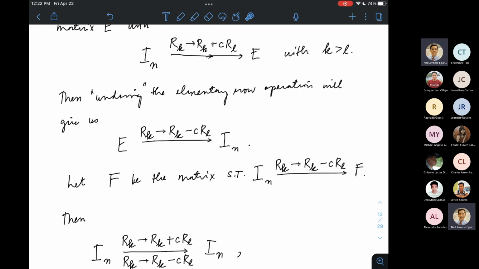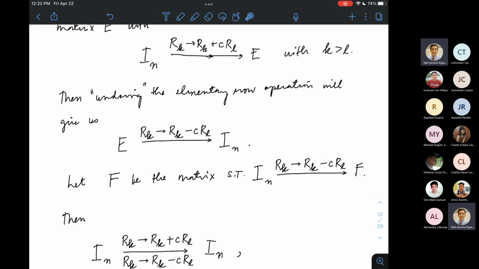And I can do that by simply reversing the action that we did in the previous step, wherein we transform the identity matrix to E. So pag nagsimula ako kay E, tapos pinalitan ko yung kth row ni E by its kth row minus C times the lth row, then we will get back the identity matrix. So basically, etong row operation na to ay ang inverse ng row operation na ito.